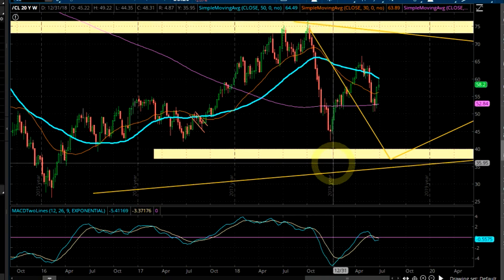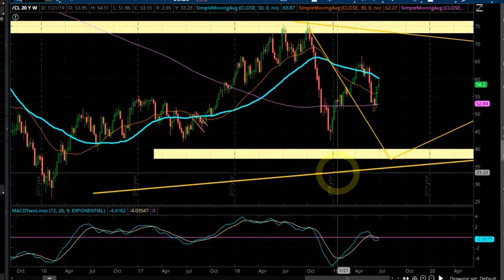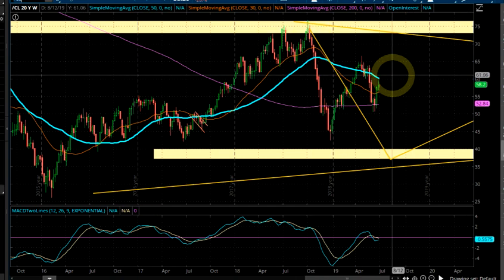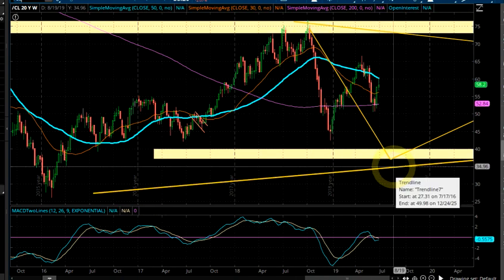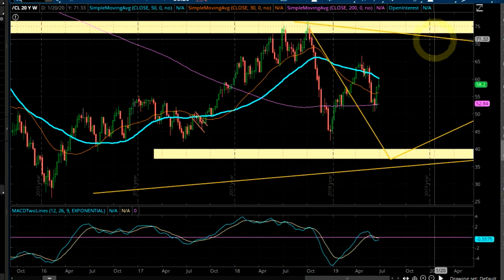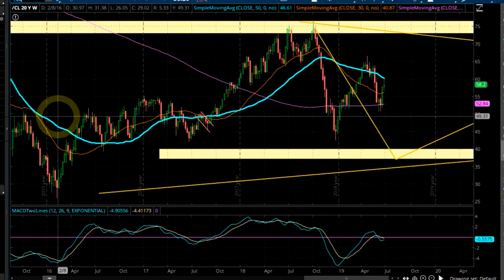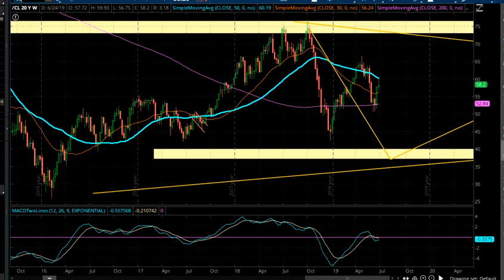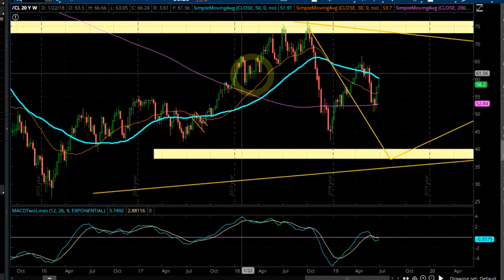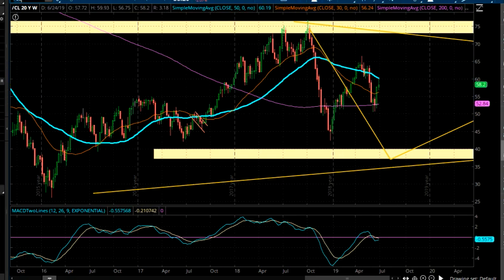I mean, from 75 to 40 or 35 it's a pretty good move in oil. It looks like maybe we might get down here to 35, so you can trade it back up to 70. That's a 100% gain. As this narrows, though, the reward gets smaller and smaller. So just keep that in mind.